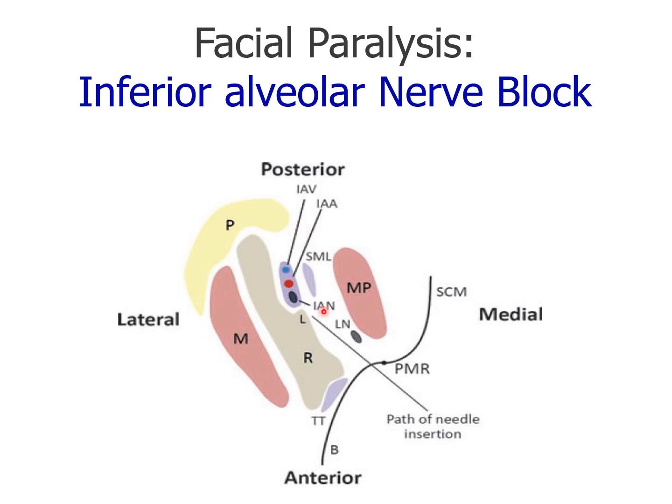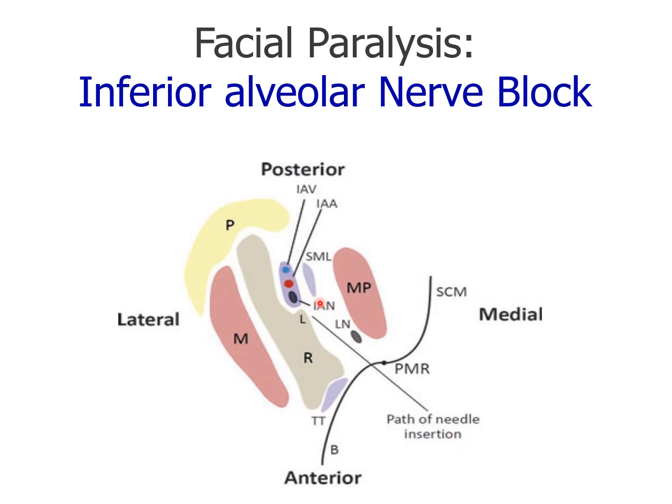So this image depicts the relationship of the parotid gland to the mandible. So R is the ramus of the mandible, P is the parotid gland, MP is the medial pterygoid muscle, and this space between the medial pterygoid muscle and the mandibular ramus is the pterygomandibular space.